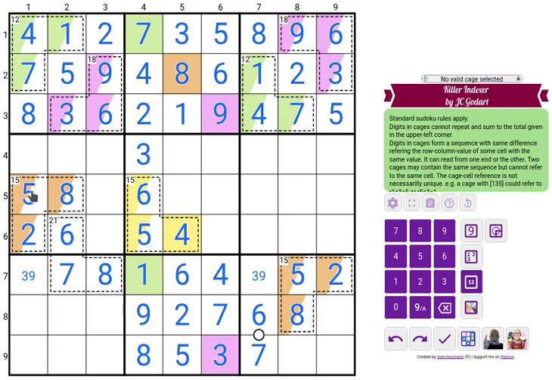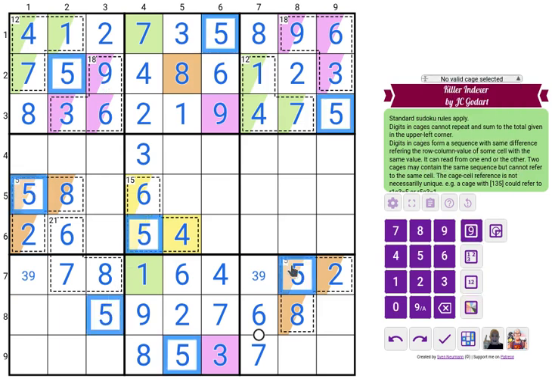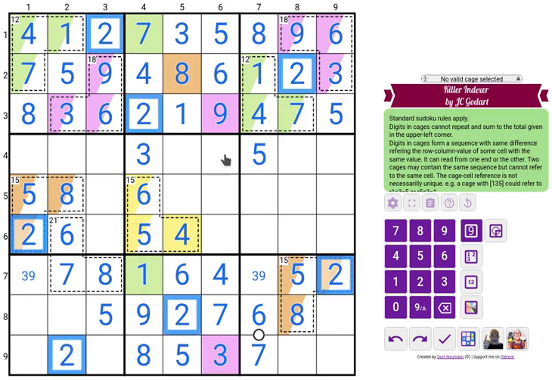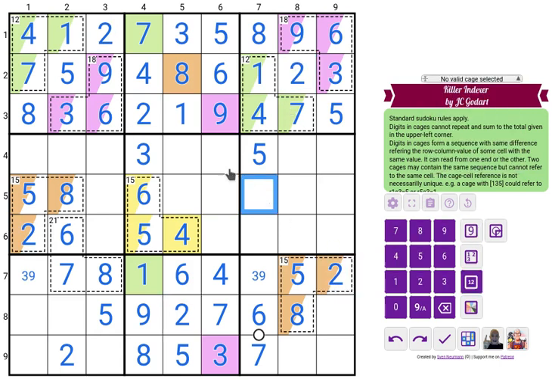Maybe I should check for 5s. Yes, there's a 5 there. And then here, 2, we have quite some 2. So 2. 2 here.